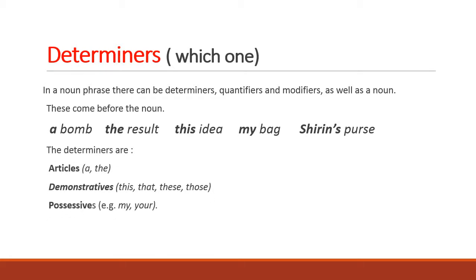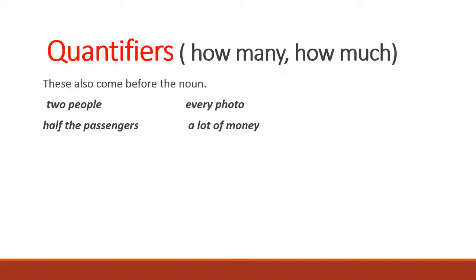Determiners can be articles like a, an, and the. They can be demonstratives like this, that, these, and those. They can also be possessives like my, Shireen's, or yours, and so on. Now, what are quantifiers? Quantifiers talk about quantity.